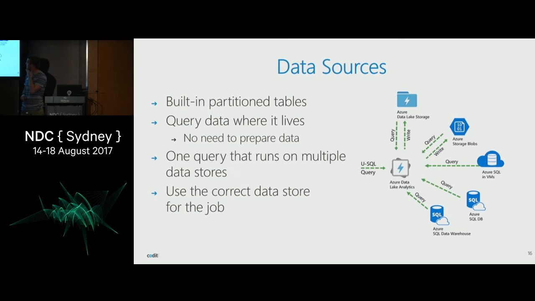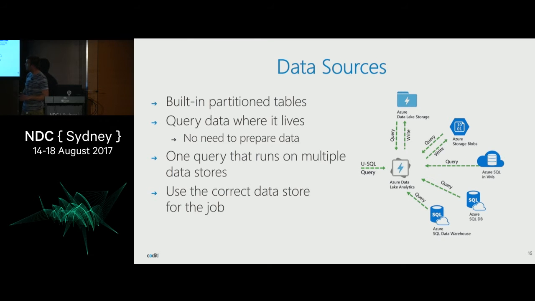So basically you have these kinds of data stores that are supported. Data Lake Store, obviously, which is also a required one because they store metadata for the jobs. And then you can also use blob storage for query and write, and any kind of SQL data store in Azure for reads.